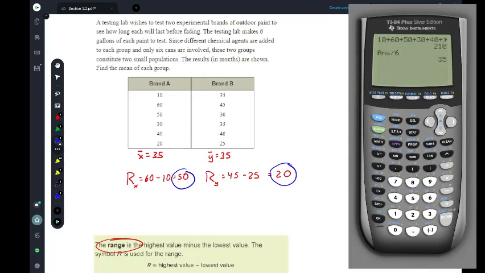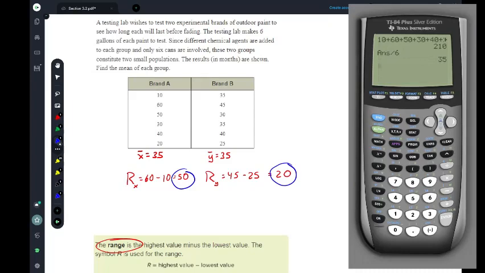Are you taking a lot of risk there? This paint, I could get a long life out of it, 60 months, but there's just as much likelihood that I'm only going to get 10 months out of it. However, if I go with brand B, I've only got a range of 20, which means my variation away from my average of 35 is a lot smaller.